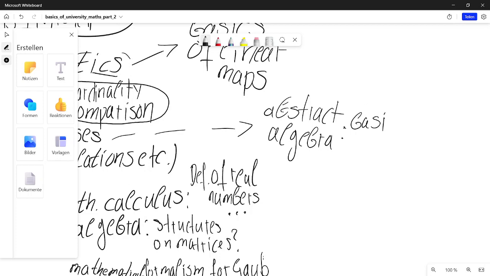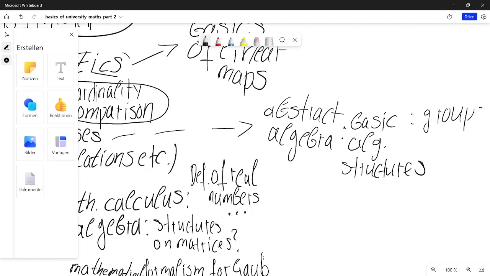Basic algebraic structures. Groups. And so on.